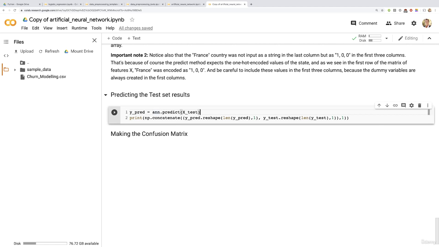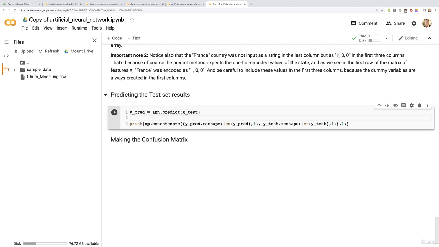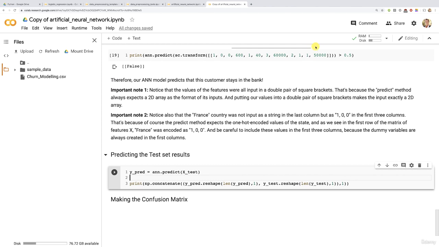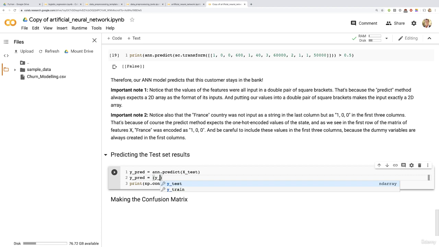Well, we just have to do a little something here, which is to, of course, convert our predicted probabilities, which are in y_pred, into predicted binary outcomes, 0 or 1. And the trick to do that is exactly the same as the trick we used here. It is to update y_pred the following way by setting it equal to the result of whether y_pred, the predicted probability, is larger than 0.5.